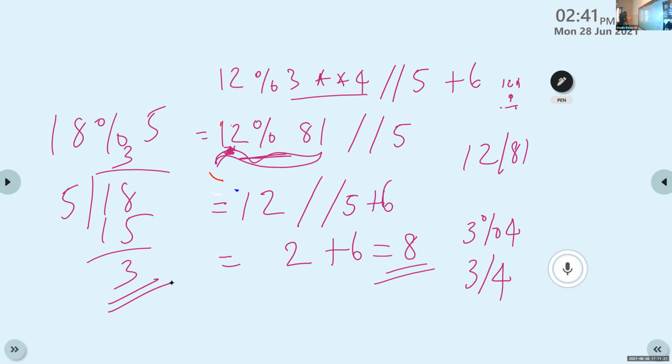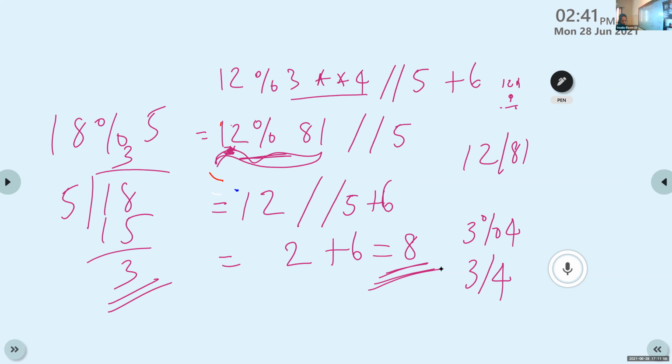Yes, ma'am. Okay, so that is the modulo operator. So 12 modulo 81, the remainder is 12. Then 12 floor division 5, it is 2, 2 plus 6, it is 8. So the answer is 8. Alan Joshi, did you get the answer? Yes, ma'am.